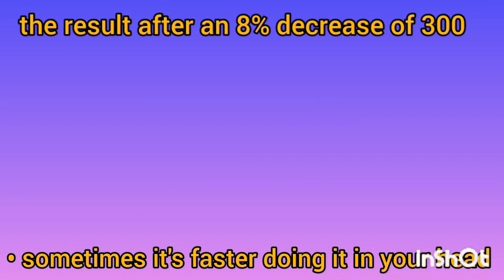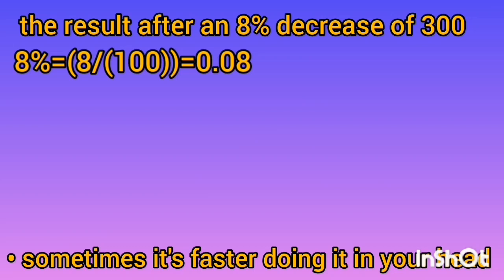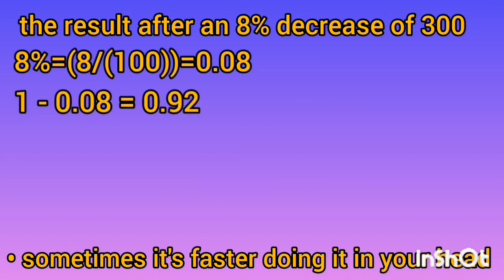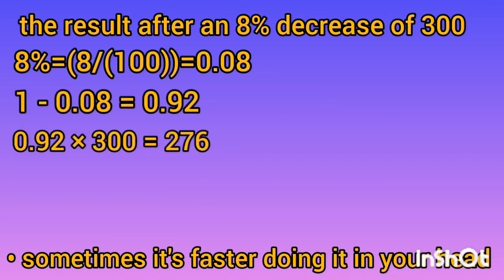Alright, now, as we've learned already, we would first convert 8% into a decimal, which gives us 0.08. Then subtract that from 1 to give us 0.92. And then we'll now multiply that by 300 to give us 276.